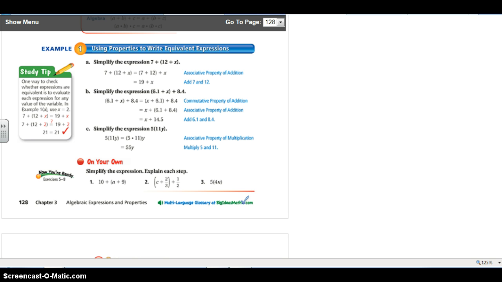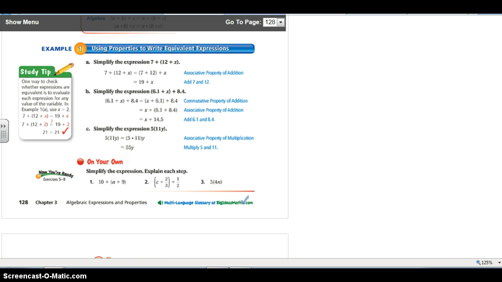If they were to change it from commutative to associative, basically there you're just moving the parentheses. Now, to simplify the problem, you're basically adding 6.1 and 8.4, and then you're adding the x to the problem. It can say 14.5 plus x.